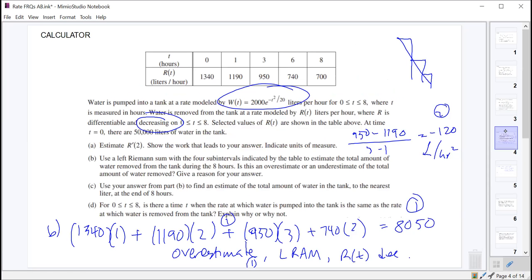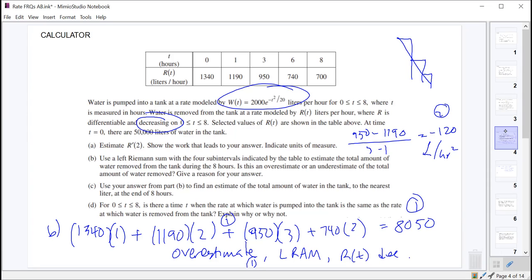Any thoughts on that? Anybody in the Zoom? People here, any ideas? How do we do part D?